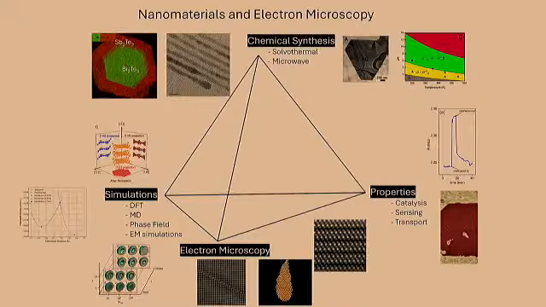Electron microscopy is a primary tool where we look all the way up to the atomic level. We are interested in different kinds of properties, including catalysis, sensing, and some electrical transport measurements, and so on. And with the help of friends like Abhishek and others, we also carry out simulations to better understand the results that we have.